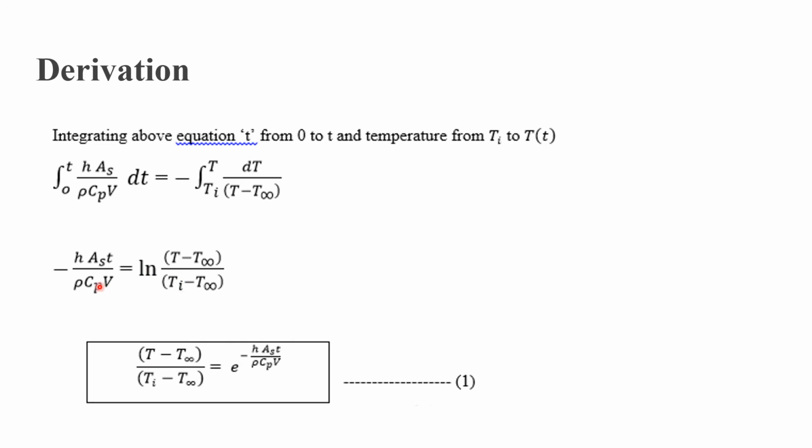Taking ln to the left hand side, I can write (T minus T infinity) by (Ti minus T infinity) equal to e power minus hAt by rho Cp V, where Cp is the specific heat. So I can find the temperature at any given time t if the surrounding temperature and initial temperature are known, and all these constants are known.